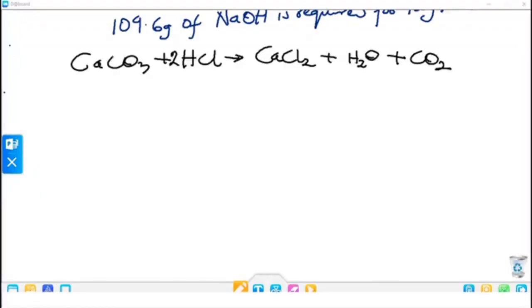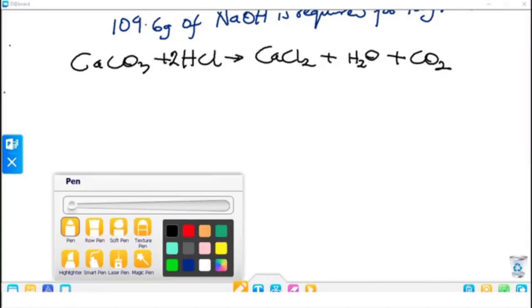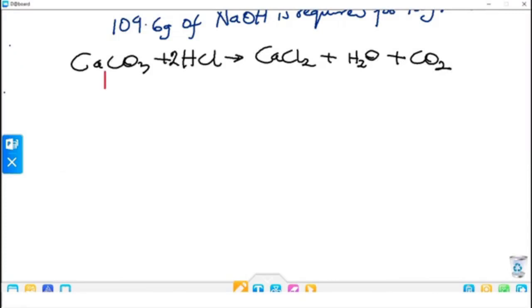So what we need to do is calculate the molar masses of the species we are interested in. So we are interested in calcium carbonate and calcium chloride. So let us proceed. All other species are less important for now.